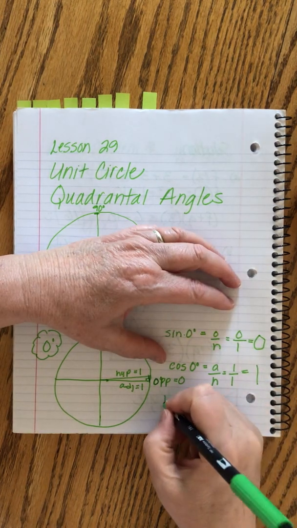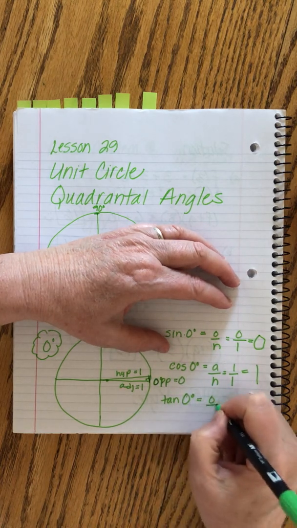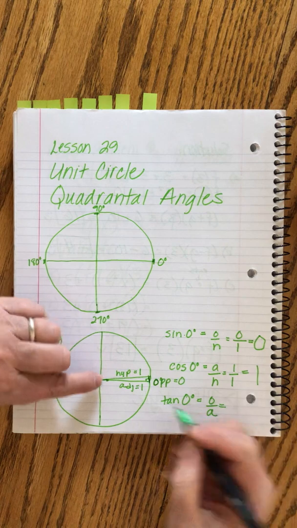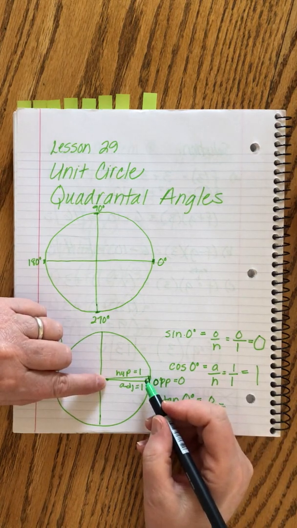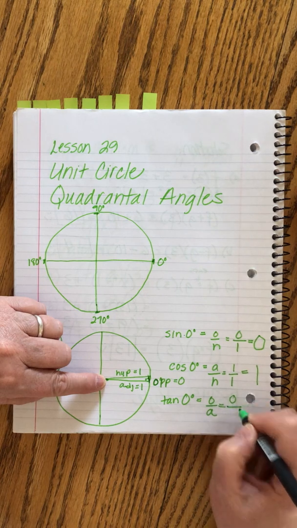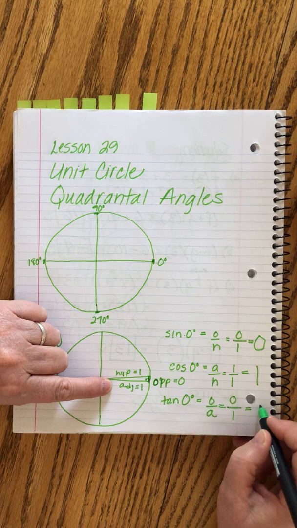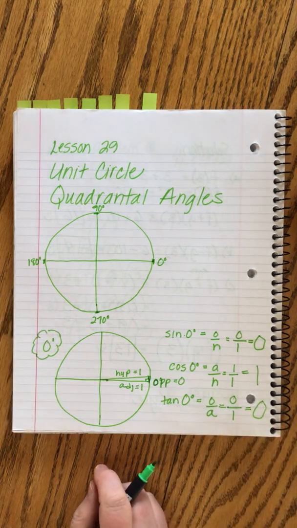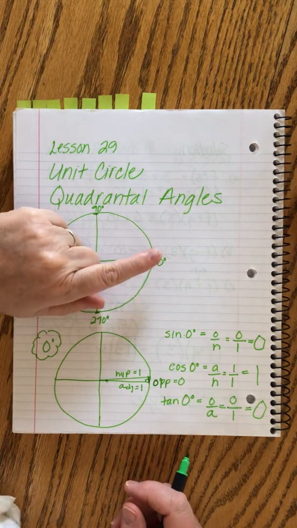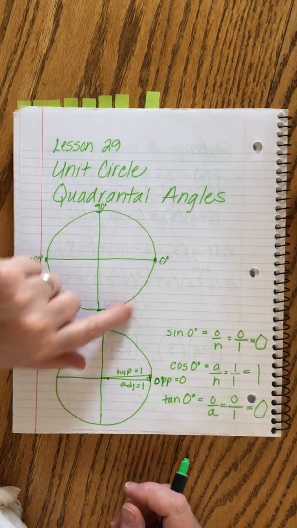Now let's do the tangent of 0 degrees. That is TOA: opposite over adjacent, and the opposite side is 0, and the adjacent side is 1, so the tangent simplifies to 0 also. All right, well now what we're going to do is make a summary of all the different values up here.